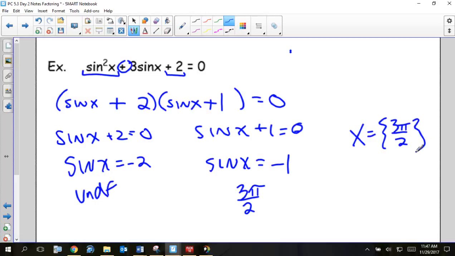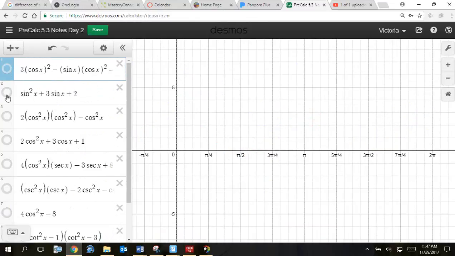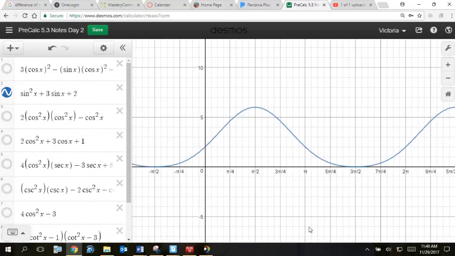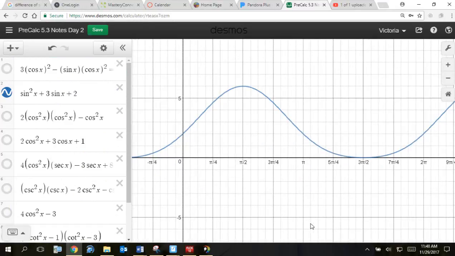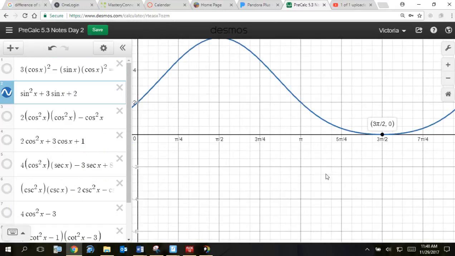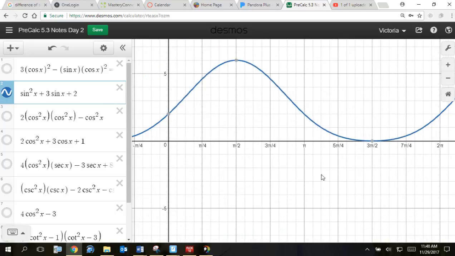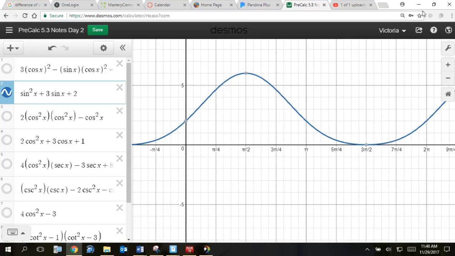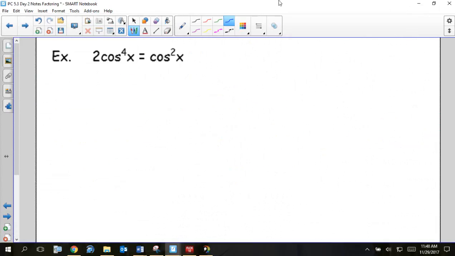Let's see what the graph looks like. There's the graph. Look at that guy. The only answer between 0 and 2 pi is at 3 pi over 2. Yep. What would the restrictions have to be for it to be negative pi over 2 instead of 3 pi over 2?